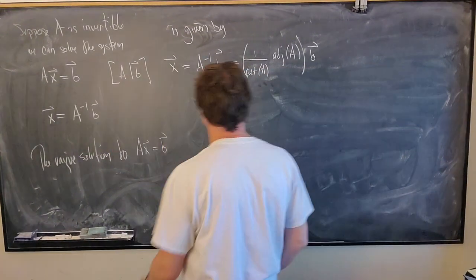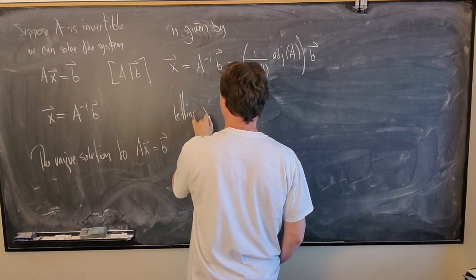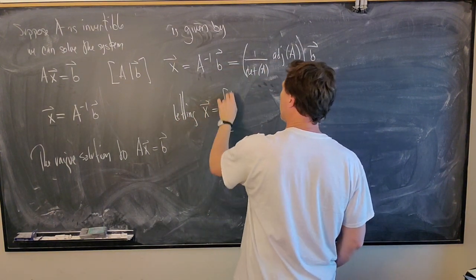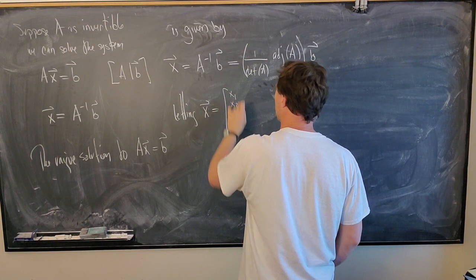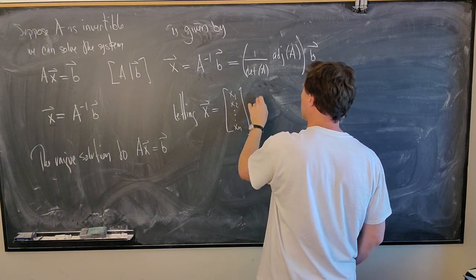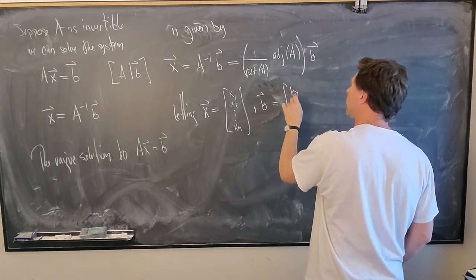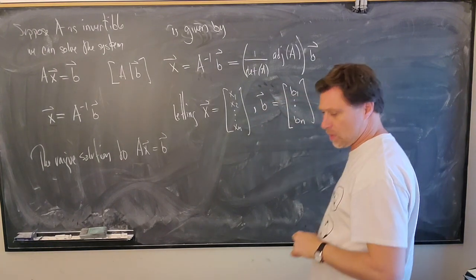Now, letting X be a column vector, I want to actually write out the entries here: x1, x2, dot, dot, dot, down to xn. And also I want to write out B, so B is also a column vector, b1, dot, dot, dot, down to bn.